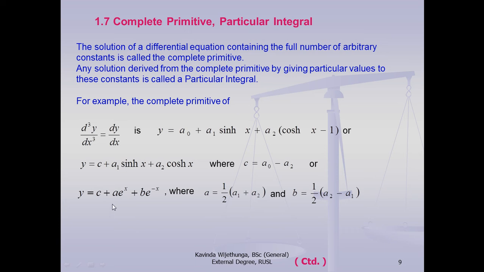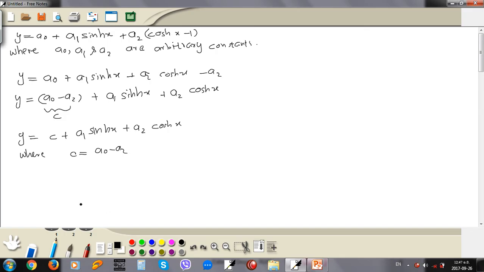We consider how we can create that form. Earlier we talked about hyperbolic functions. So we know that sinh x equals e to the power x minus e to the power minus x over 2, and cosh x equals e to the power x plus e to the power minus x over 2.